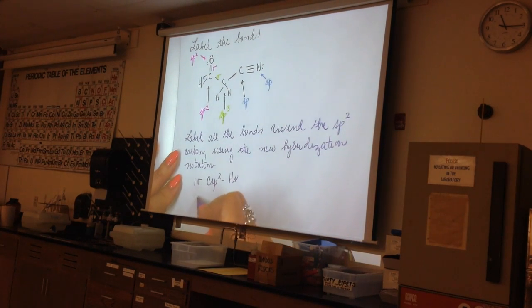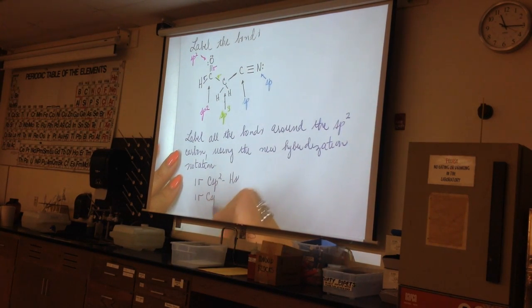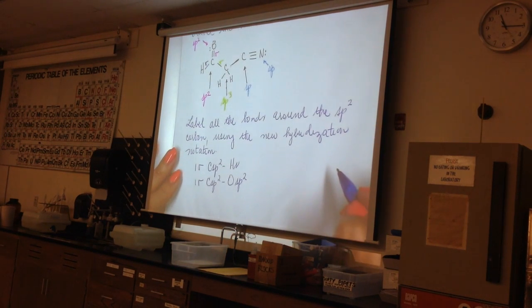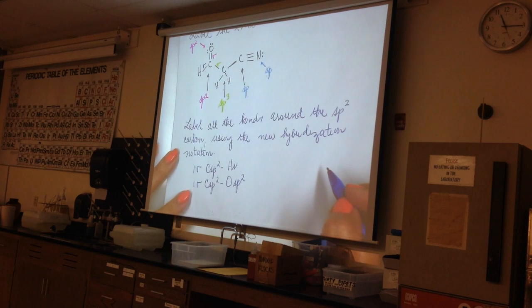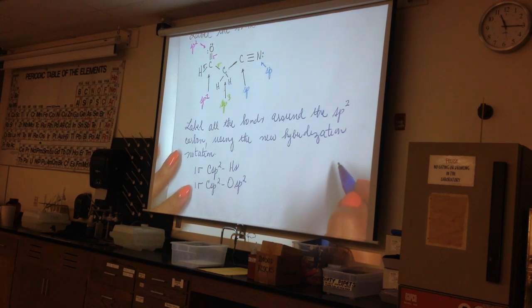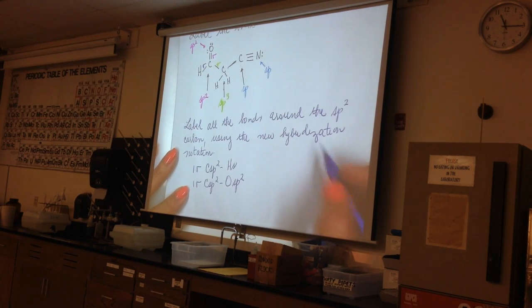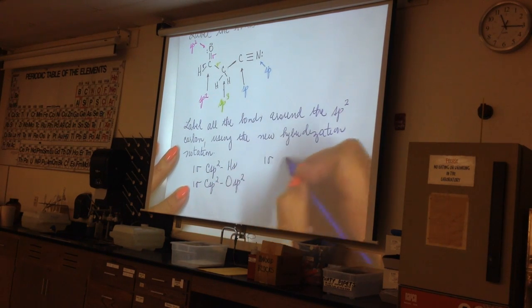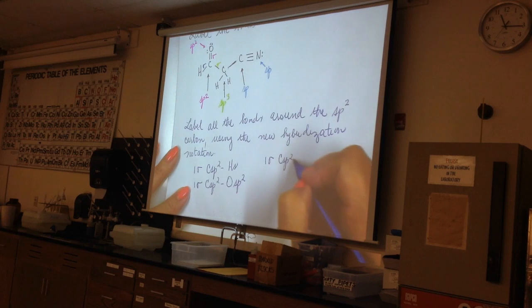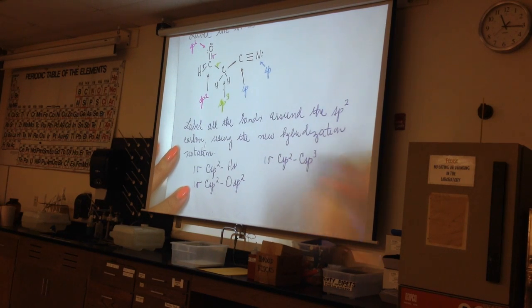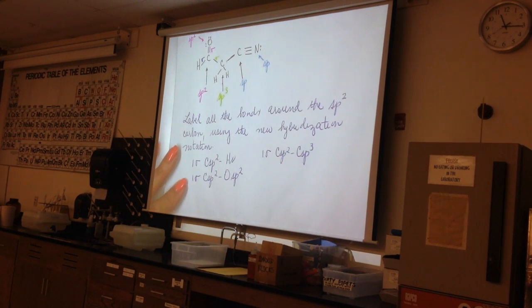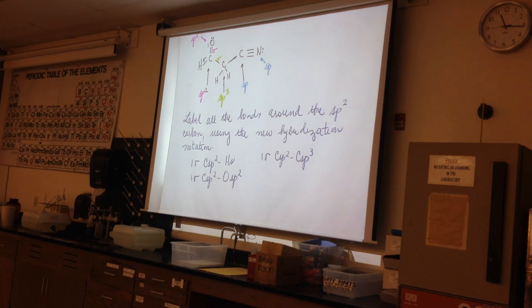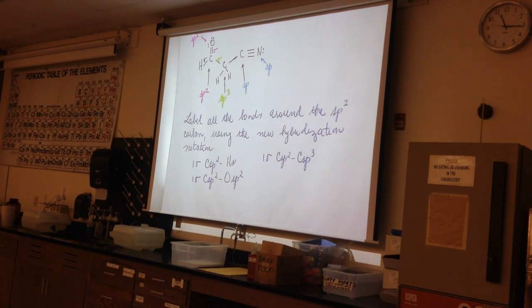I'm going to have a sigma bond between a carbon sp2 and oxygen sp2. Carbon sp2, carbon sp3. So far that's good there? Everybody agree?